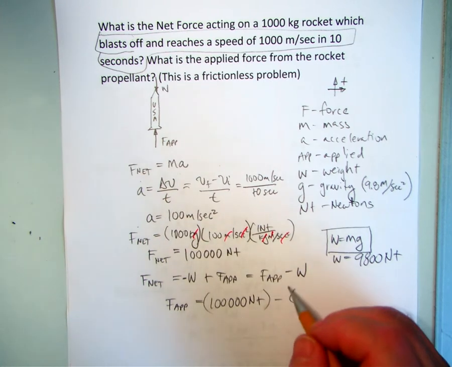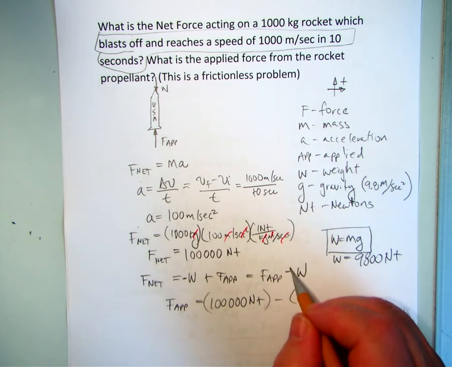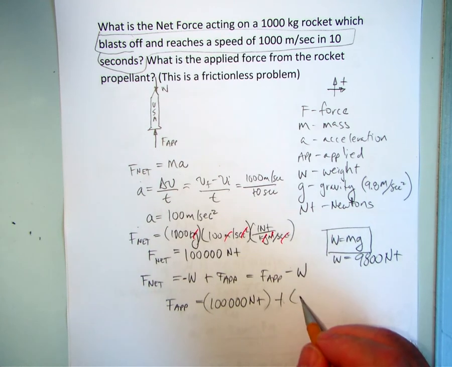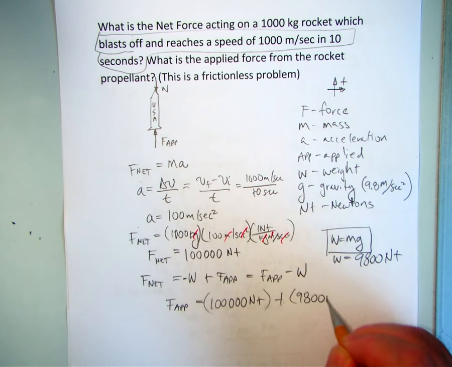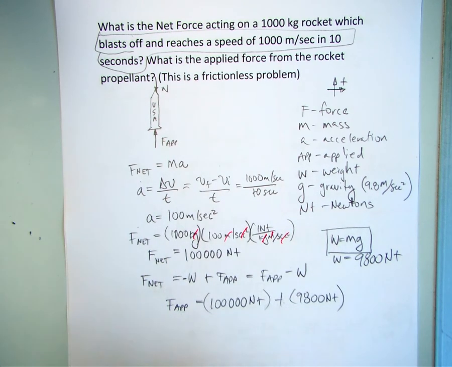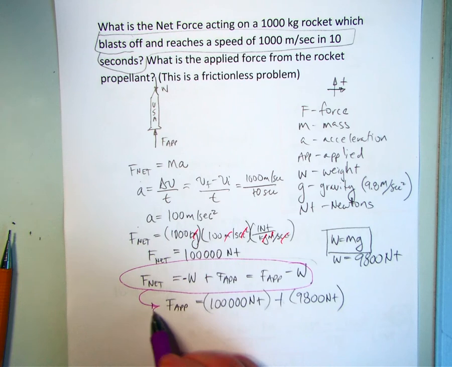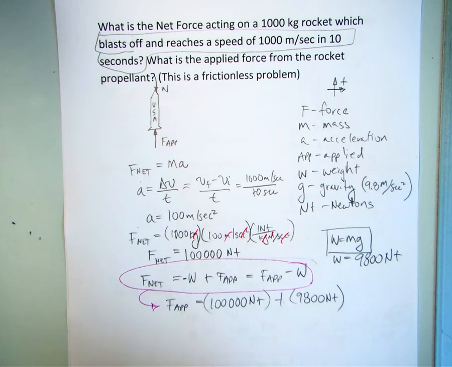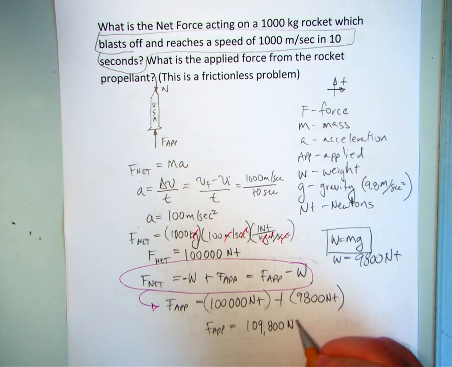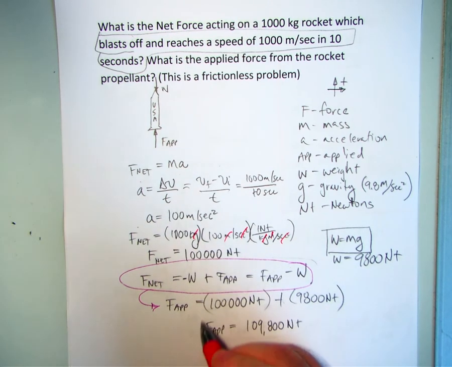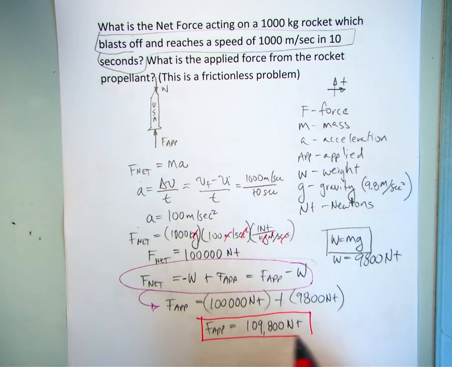When I rearranged, it should be a plus 9,800 newtons. We rearrange that equation. Let's make that clear. And the applied force is then equal to nothing more than 109,800 newtons. And we box our answer. We're done. We're rocket scientists.